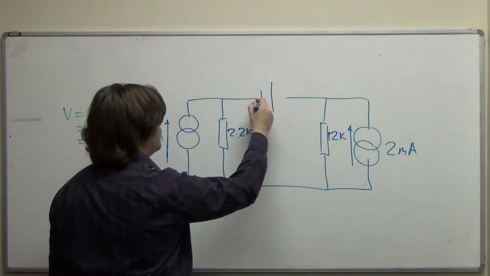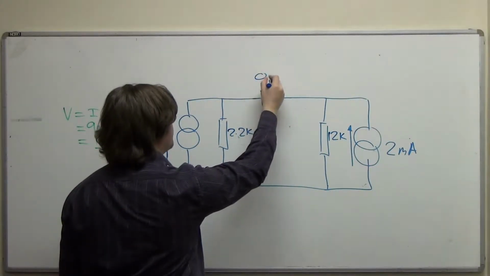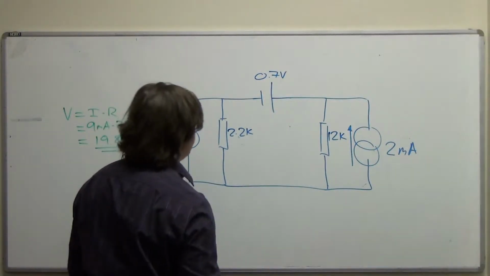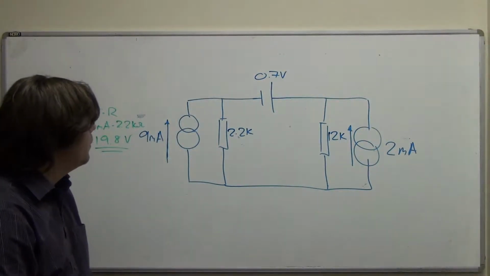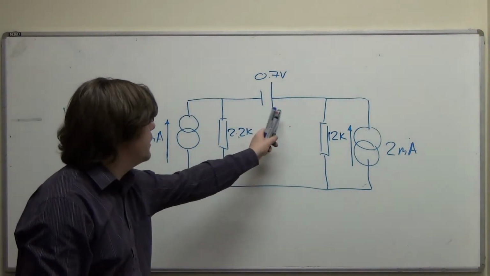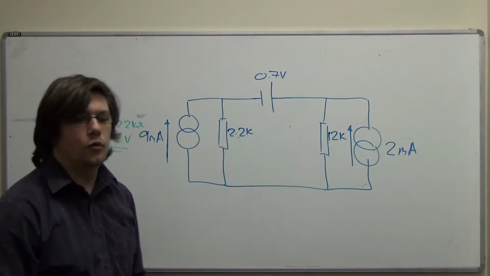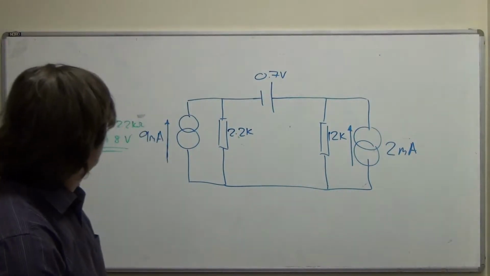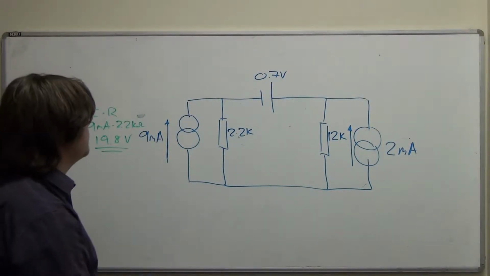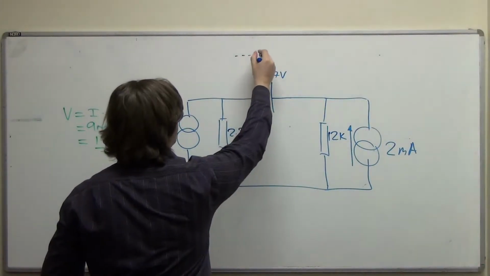So 0.7 volts. And that's, anode is the more positive, cathode is the more negative. So this represents this diode.